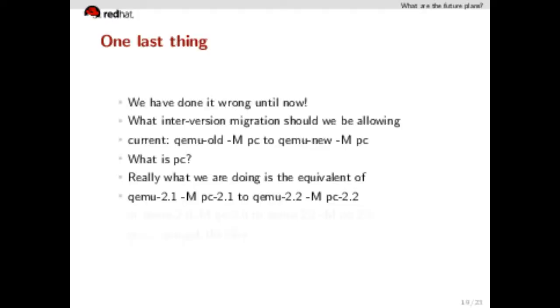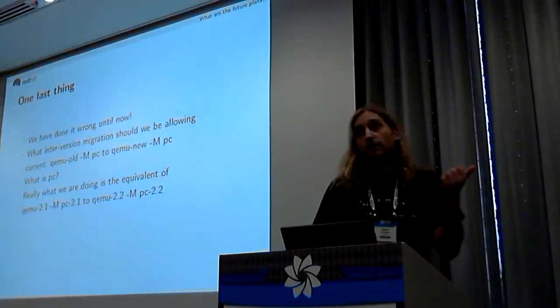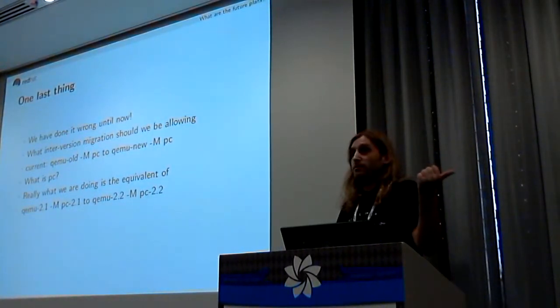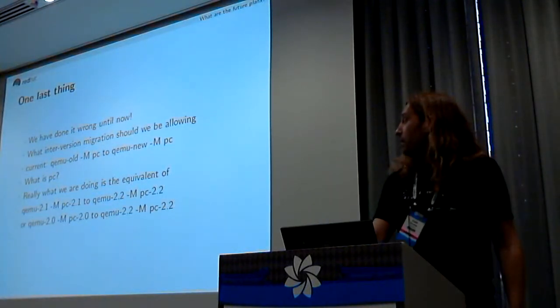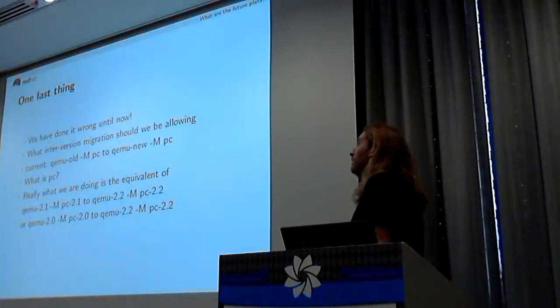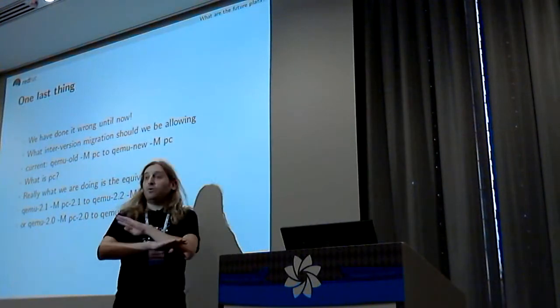But what we are basically telling is QEMU 2.1 with PC 2.1 to QEMU 2.2 with PC 2.2. If you think about that, they are two different machines, and they are not going to work. The problem is that we don't know, really.